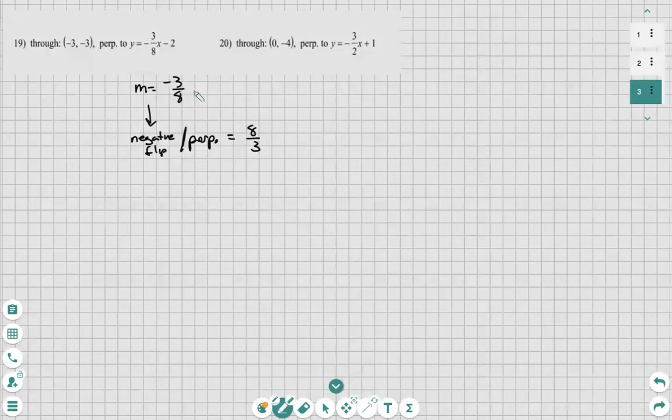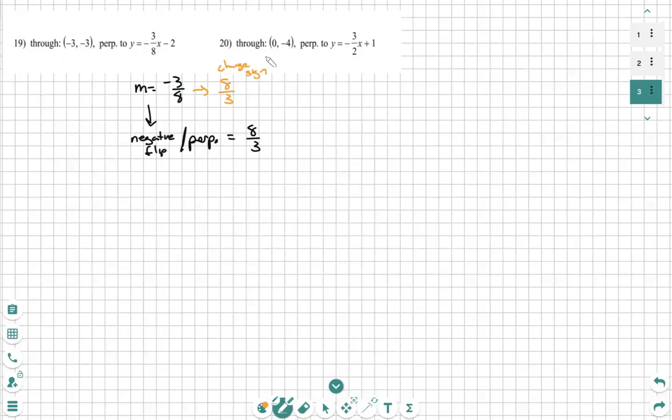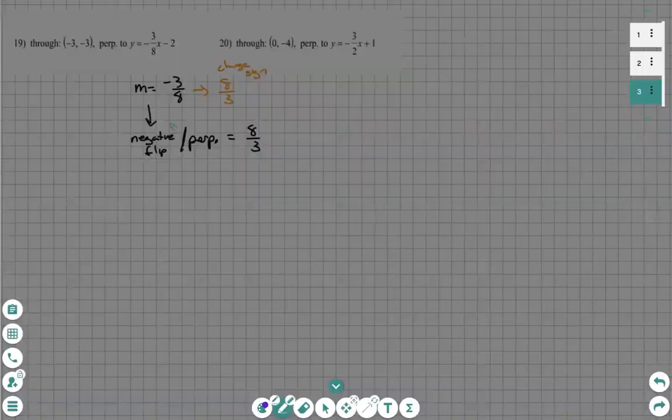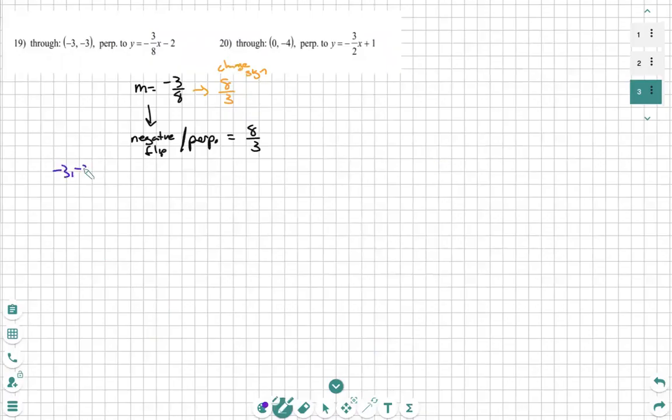Take a look. All I did was flip it and just change the sign. That's it. Next, we're going to continue doing what we've been doing. We're going to need to plug in the point -3, -3 into our equation after I plug in 8/3, just like that.